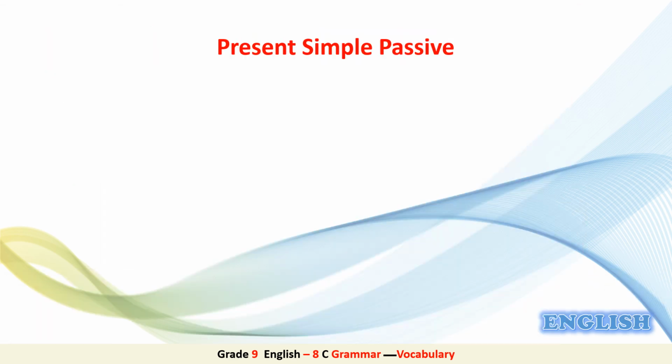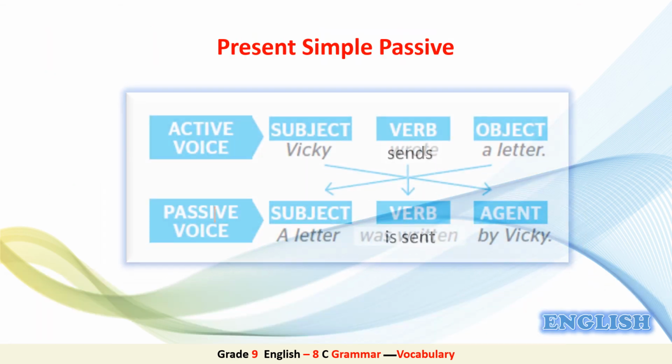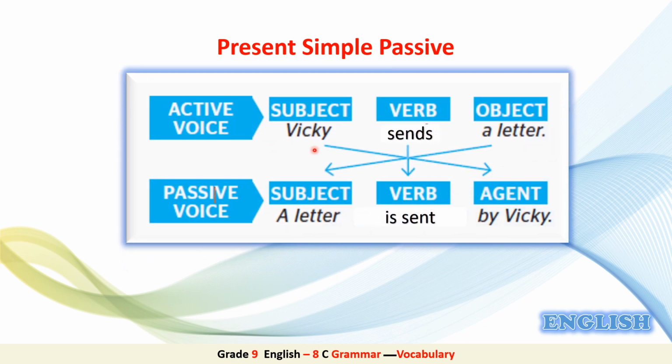Let's study this example about present simple passive. The active voice sentence says, Vicky sends a letter. Subject, verb, object. If we want to change the sentence into passive, what do we do? First, we bring the object of the active sentence and put it as a subject of our new sentence. Then we look at the tense.